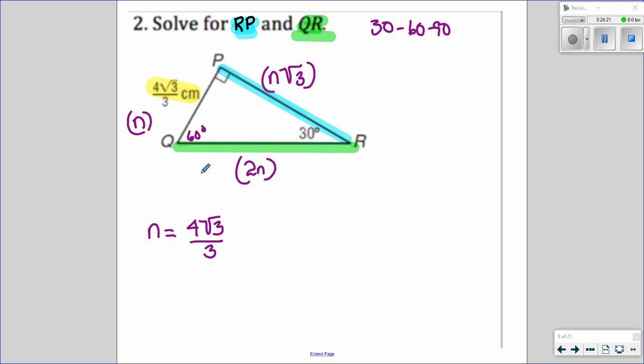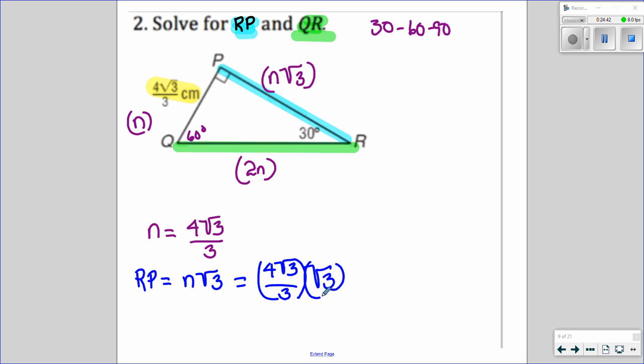So I'm going to use the blue side, RP, which is equal to n root 3. And since we found n, we just plug in 4 root 3 over 3 times what's already there next to the n, root 3. All right, so again, we gotta simplify. Since there's that invisible 1 in front of the root 3, whatever's outside the radical, you multiply together.